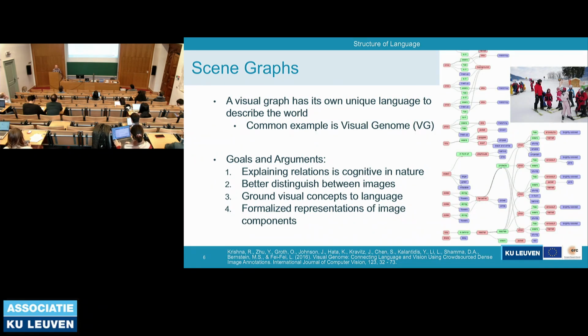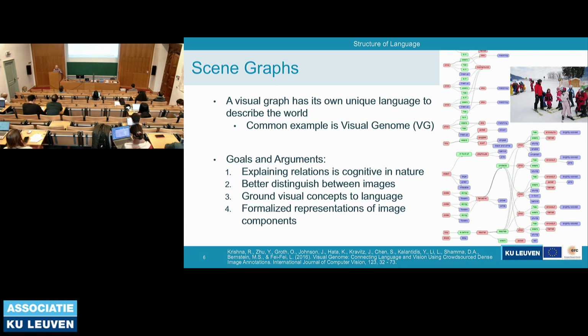The next structure we look at is the scene graph, and the most well-known version of it is from the Visual Genome data set, which is a very large, extensive data set where they aim to have a better explanation of images.